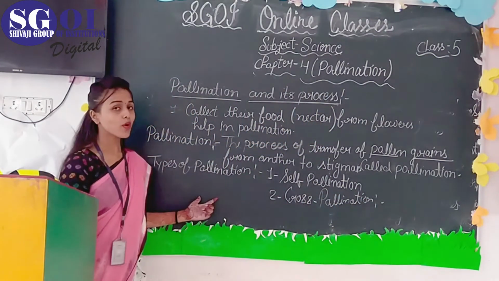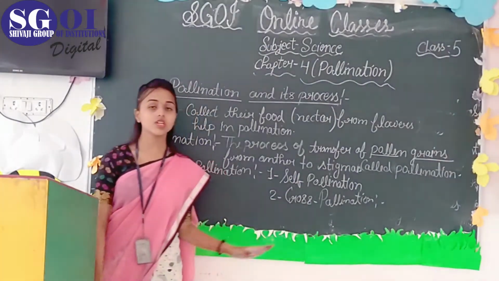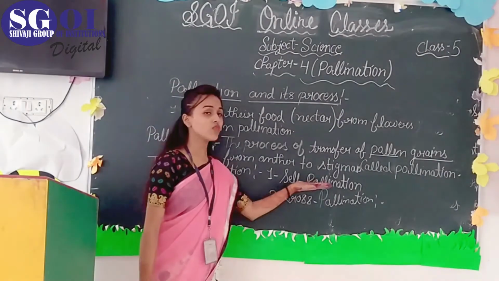There are two types of pollination, self-pollination and cross-pollination. First I am going to explain what self-pollination is.